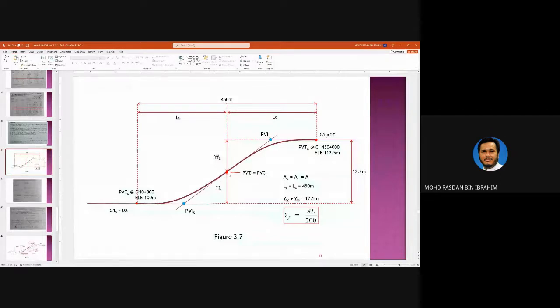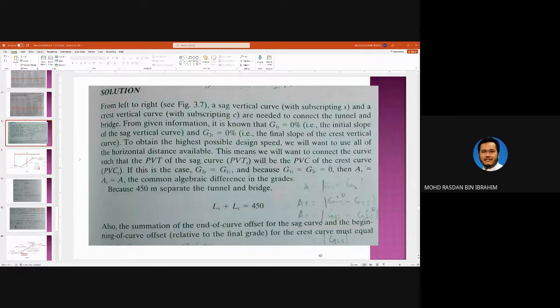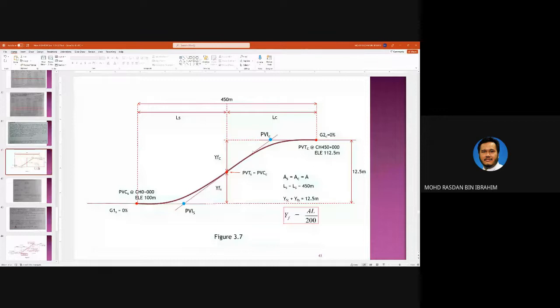So PVT of the sag lies at the same point as PVC of the crest, 1 point over here, meaning that you only have a sag curve and a crest curve. There is no space between these two curves. Okay, the ending and starting lie at the same point. Okay, if this is the case, G2 of the sag curve is equal to G1 of the crest curve, meaning that the slope, the gradient, will be one gradient.